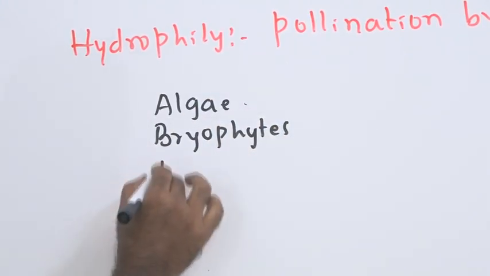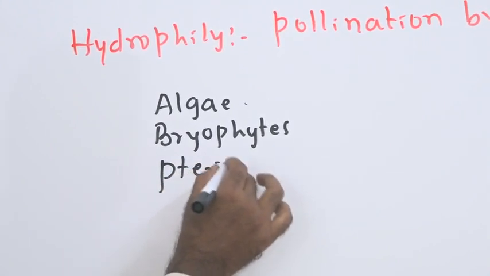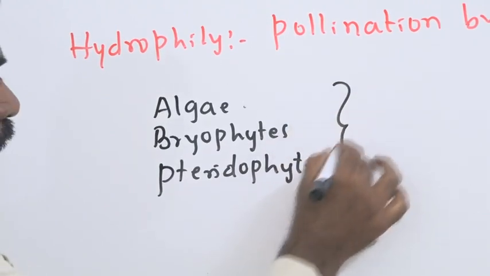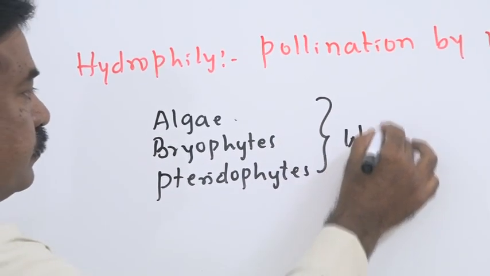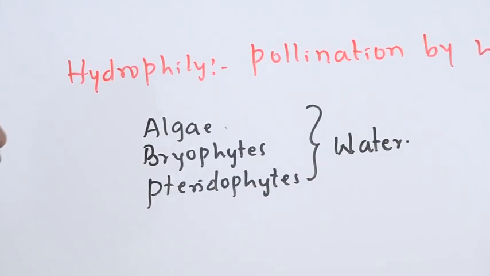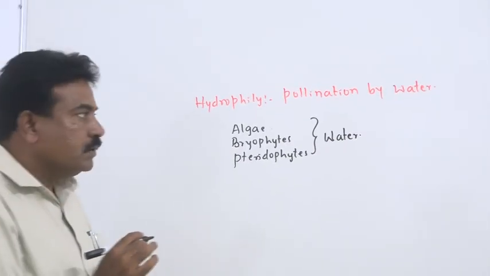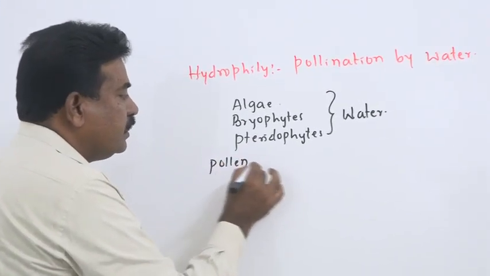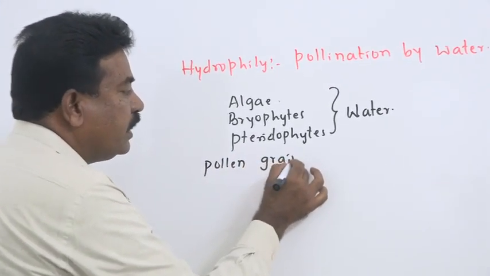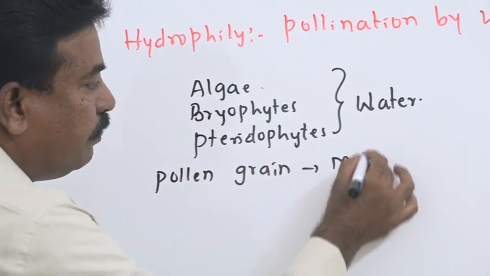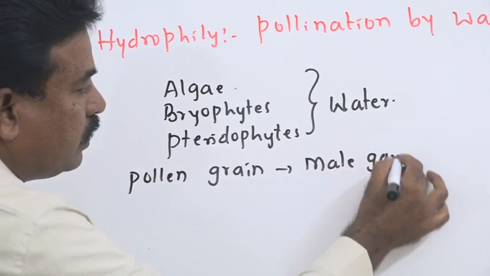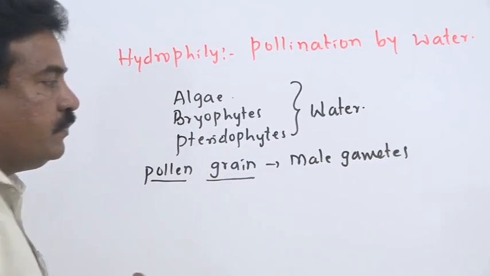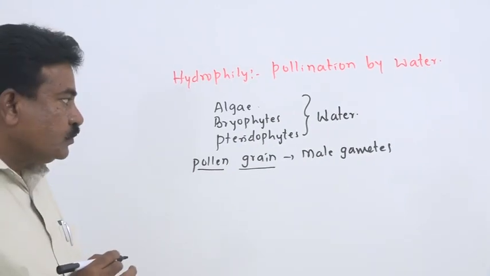At the same time, even pteridophytes also use water for gamete transportation. But in case of gymnosperms and angiosperms, generally one specialized structure is developed, that is what we call pollen grain. It contains male gametes. Therefore, generally we may say pollen grain is the first stage of male gametophyte.